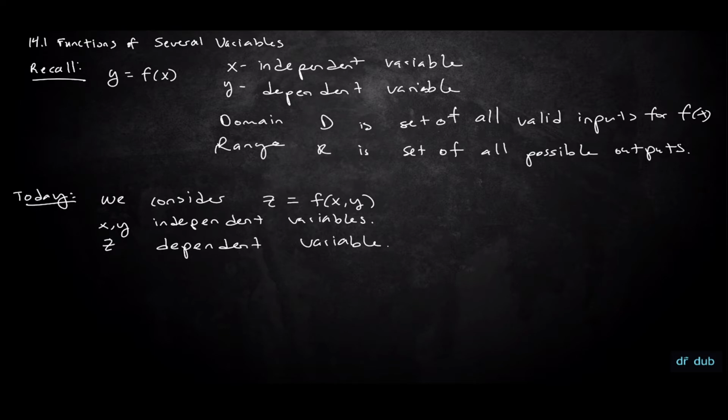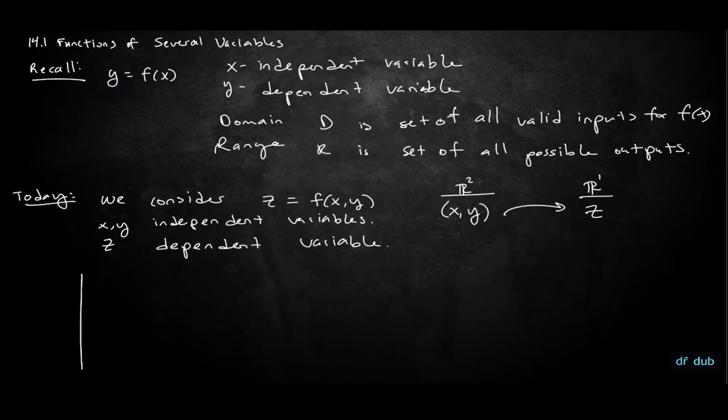So ordered pairs x, y get mapped to real numbers z. The inputs live in two-dimensional space, and the outputs are real numbers on the real line. So now the domain is a set of ordered pairs instead of just a set of real numbers. The domain may look something like this.